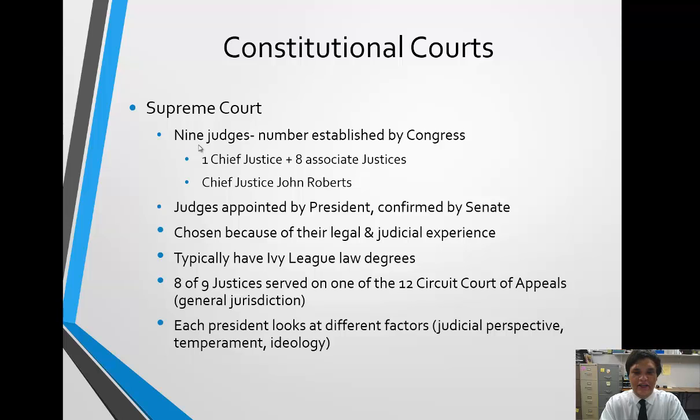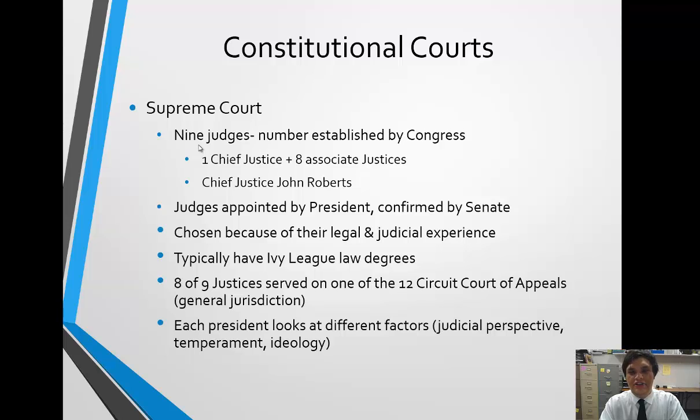They typically have served on one of the 12 Circuit Courts of Appeals so that they are familiar with the general law that is going on within the United States. And a number of other factors are included in the presidential consideration for nomination as well, such as judicial perspective, temperament, and ideology.